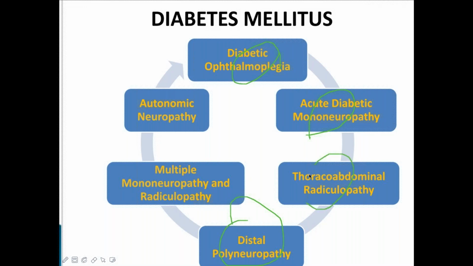You might even get thoracoabdominal pain on both sides of the trunk. Then multiple mononeuropathy along with radiculopathy, and this is very important, autonomic neuropathy. If the patient has gastroparesis, genitourinary involvement, a history of impotence in long standing diabetes, you should be suspecting autonomic neuropathy. These are very important in diabetic neuropathies: polysymmetric polyneuropathy, motor plus sensory, and autonomic neuropathies, right?